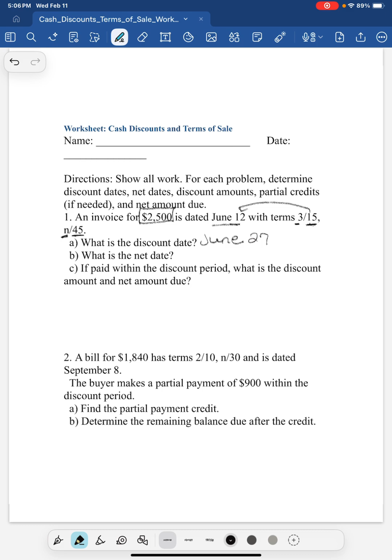Okay, what is the net date? We have 45 days from June 12th to pay. So when does it have to be paid by? June is a 30-day month. So if you're on the 12th and you have 30 days in the month, that means you have 18 days left in June.